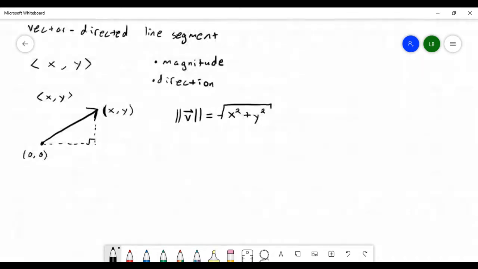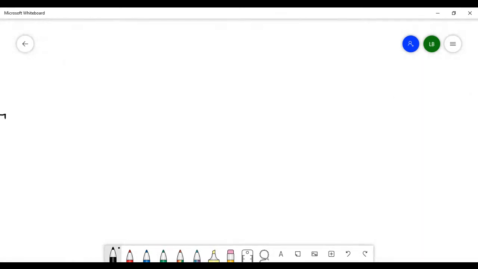And there are a few different operations we can perform on vectors. So let's say we have two vectors. u is u1, u2, and v is v1, v2. Then first off, we can add two vectors.